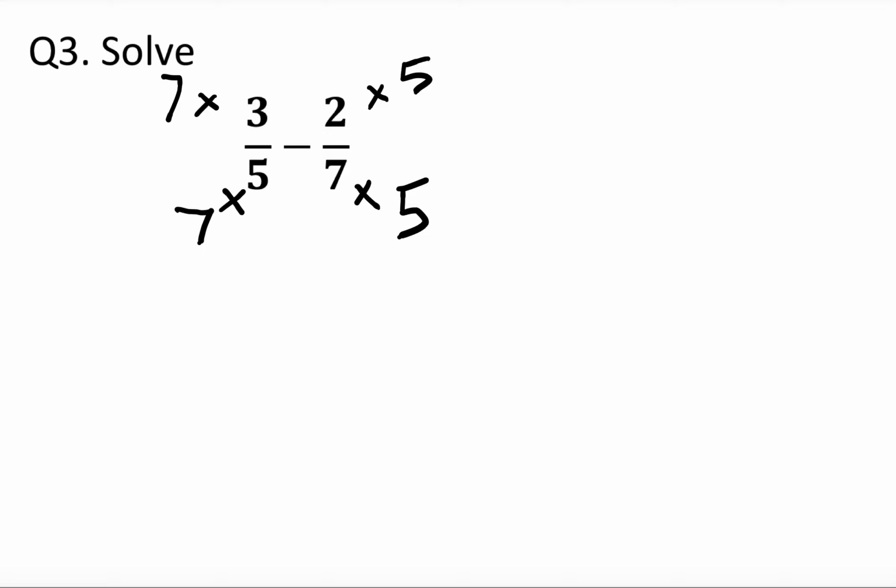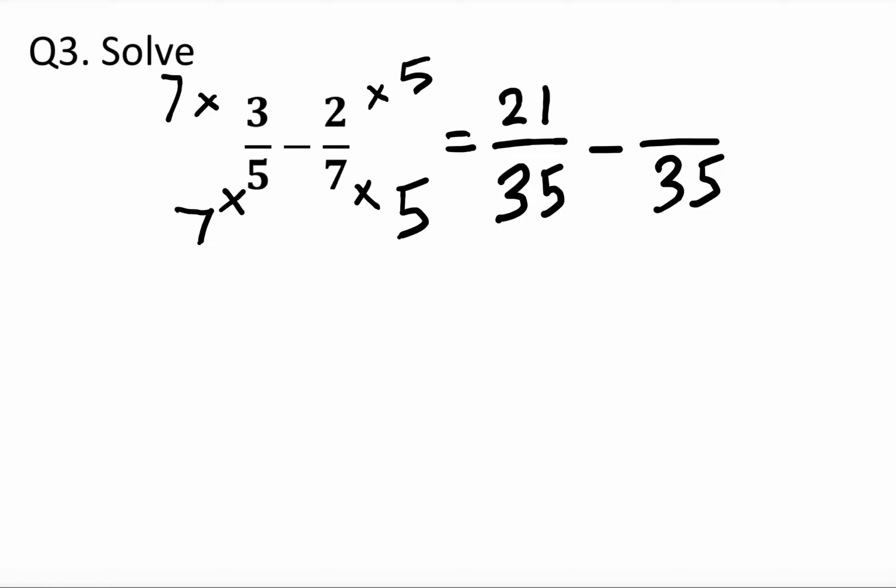So 7 times 3, what's 7 times 3? 21 over 5 times 7 is 35, minus 7 times 5 is 35. 2 times 5 is 10.